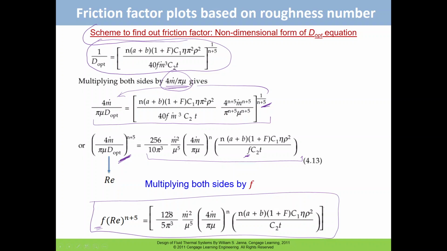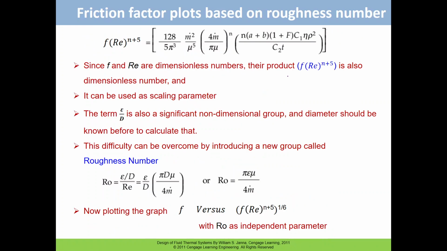Okay, so now we got this equation, so what can we do with this equation? With this equation we will try to set up a method to find out the friction factor. The friction factor is non-dimensional, and Re is also non-dimensional. Independent we cannot say, because the Re basically depends upon the other parameters, but it is non-dimensional.